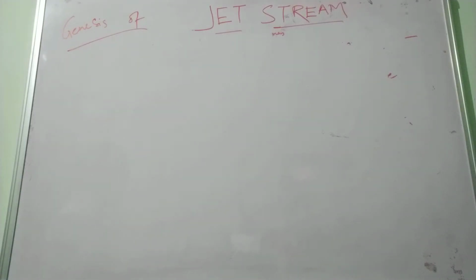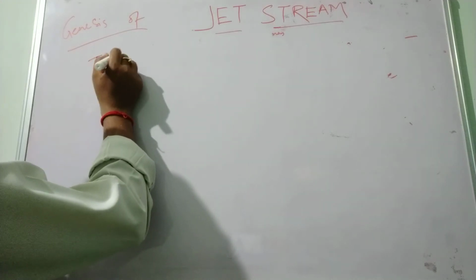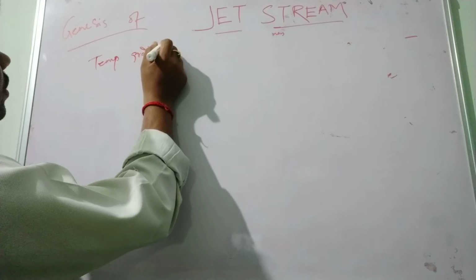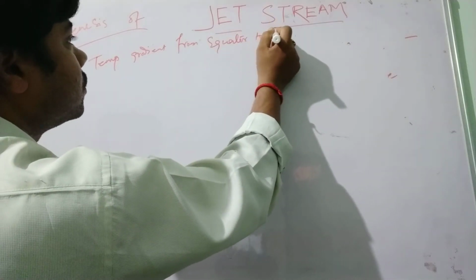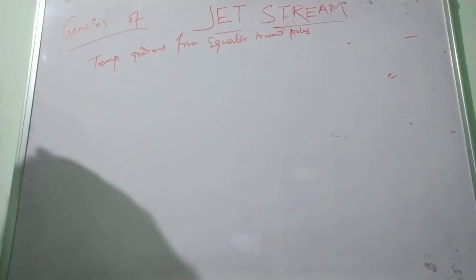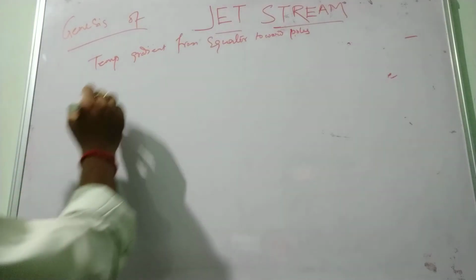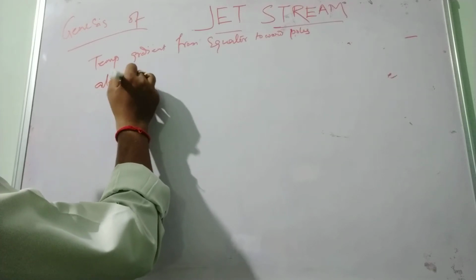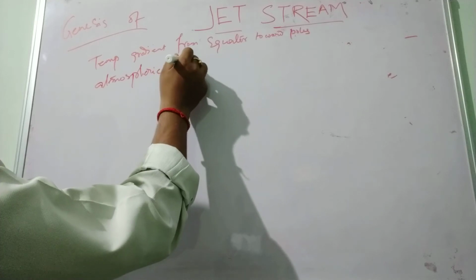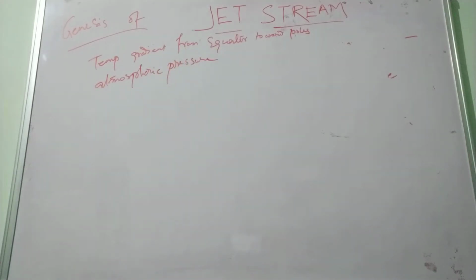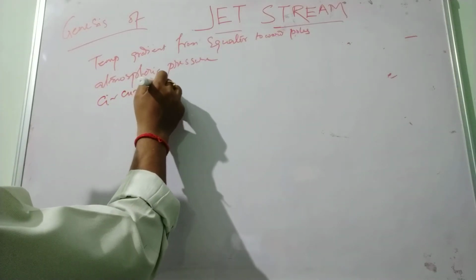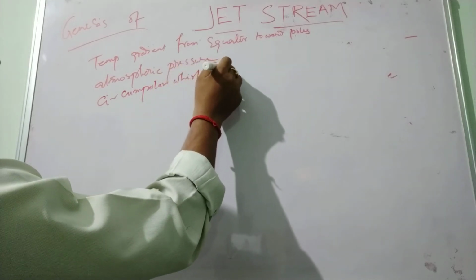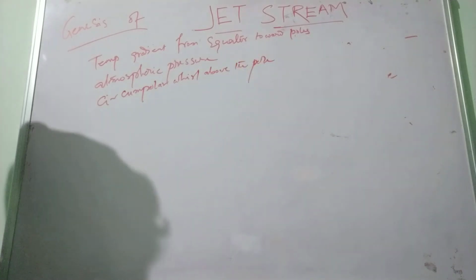Actually, the genesis of jet stream is associated with the temperature gradient from the equator towards the poles, high surface atmospheric pressure, and the circumpolar fold above the poles.